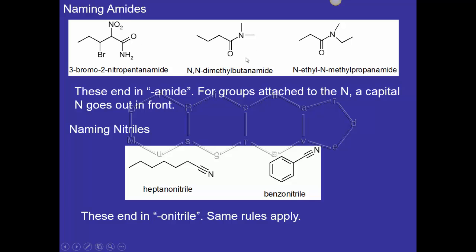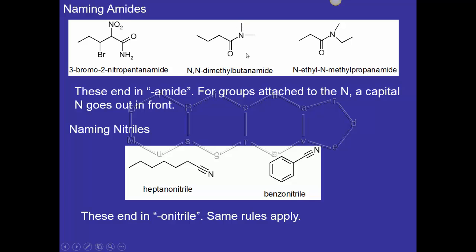Now if it so happens that there are groups on the nitrogen, we need a way to identify them as being on the nitrogen. And the way we do that is to use the N prefix. In this one, it's N,N-dimethylbutanamide, indicating we have a methyl group and a methyl group on the nitrogen.